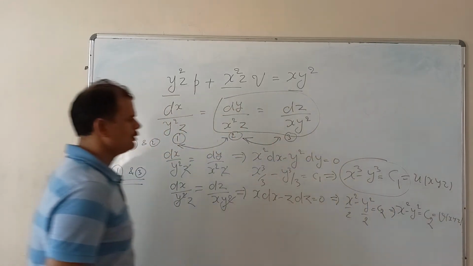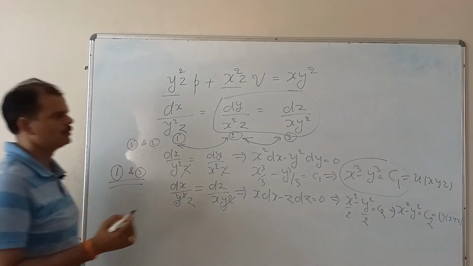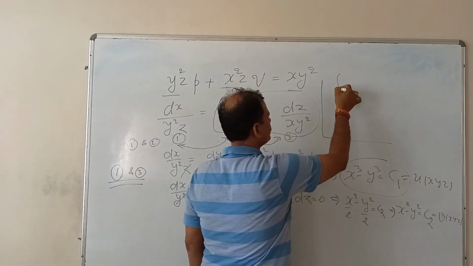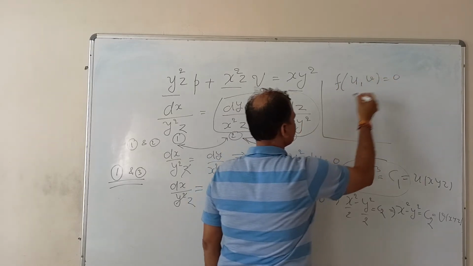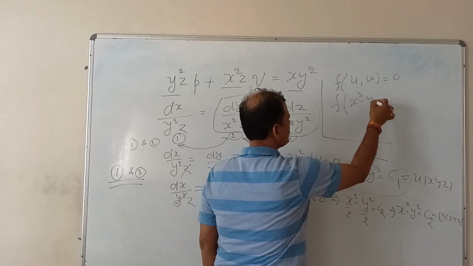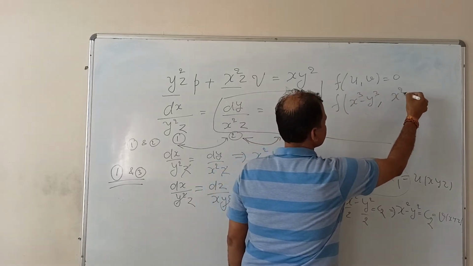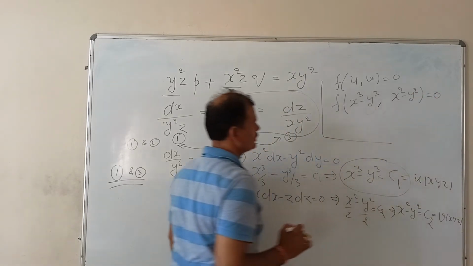So u equal to x cube minus y cube and v equal to x square minus z square. The solution we can write as f of u, v equal to 0, that is f of x cube minus y cube, x square minus z square equal to 0. So this is the solution.